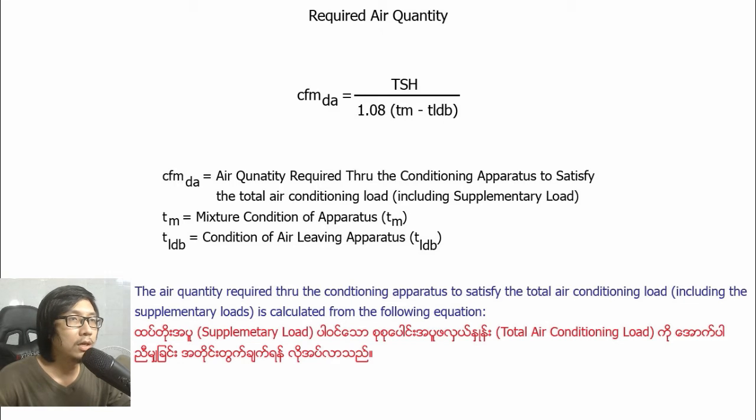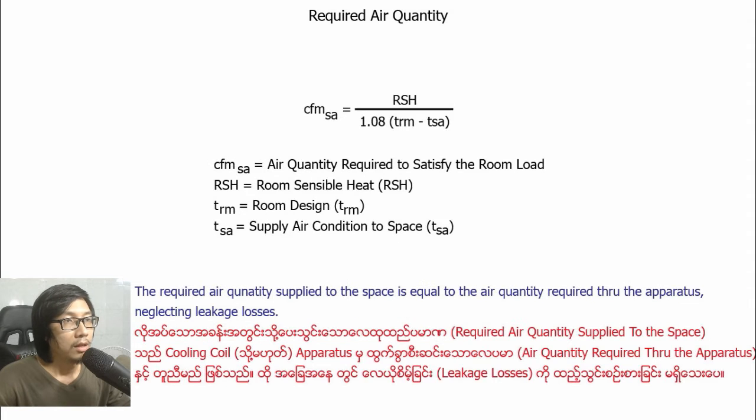CFM DA equals air quantity required through the conditioning apparatus to satisfy the total air conditioning load, including supplementary load. TM equals mixed condition at apparatus. TLDB equals condition of air leaving apparatus. The required air quantity supplied to the space is equal to the air quantity required through the apparatus, neglecting leakage loss.